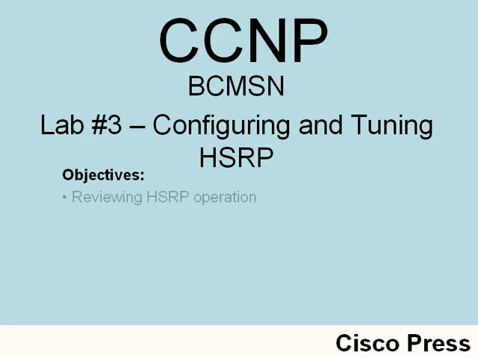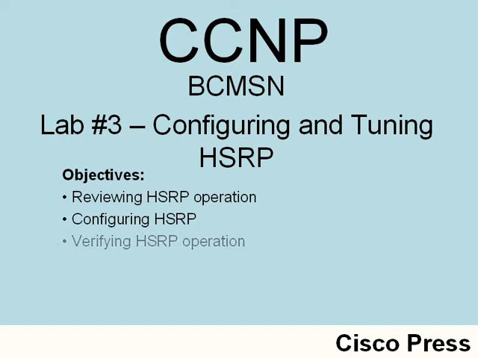We're going to begin lab number 3 with a review of how HSRP operates. HSRP, that's Cisco's proprietary Hot Standby Router Protocol. We're going to see how to configure HSRP with just a couple of basic configuration commands, and we're going to verify HSRP operation with a show command.